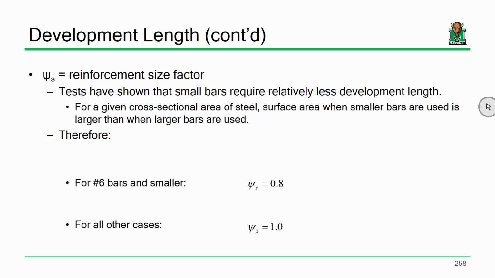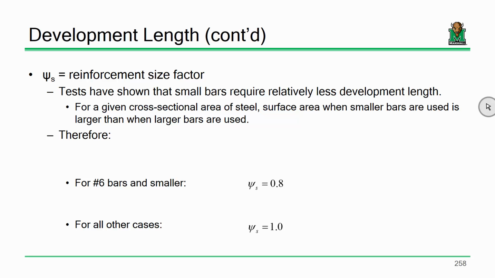All right. Last one is the reinforcement size factor. And the idea is this: you can achieve the same area of steel requirement with a bunch of really small bars or a few really big bars. You get the same area, but the difference is you have a change in surface area.